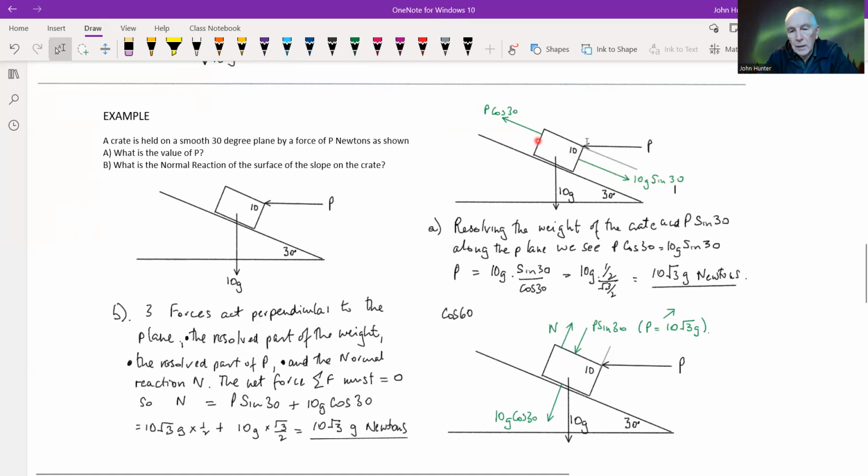And then going up the plane, we've got P, but resolved through this angle, this angle being 30. So going up the plane is P cos 30.